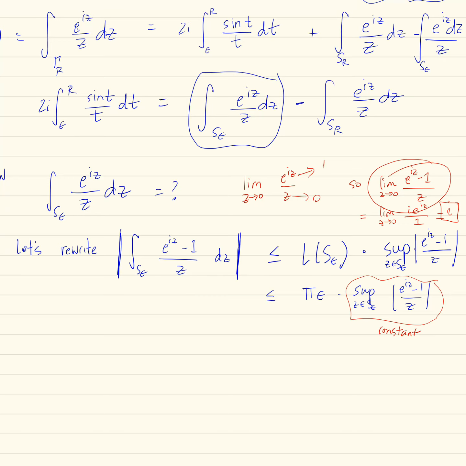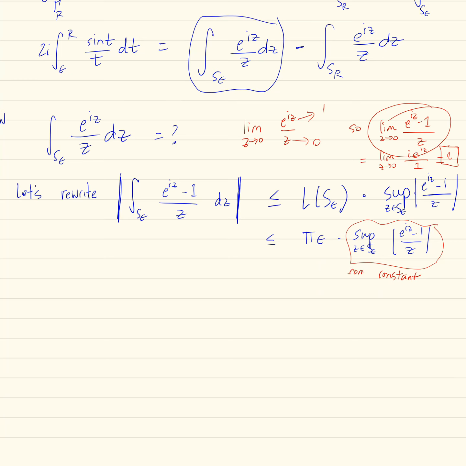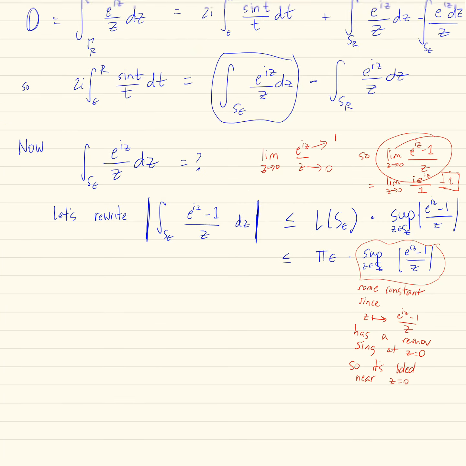So let's say some constant, since the mapping z sent to e to the iz minus 1 over z has a removable singularity at z equals 0, so it is bounded on a neighborhood near the origin, right? So what does that mean for us?